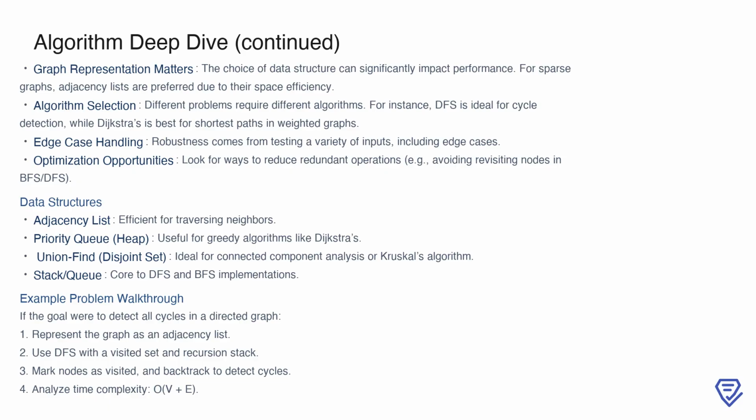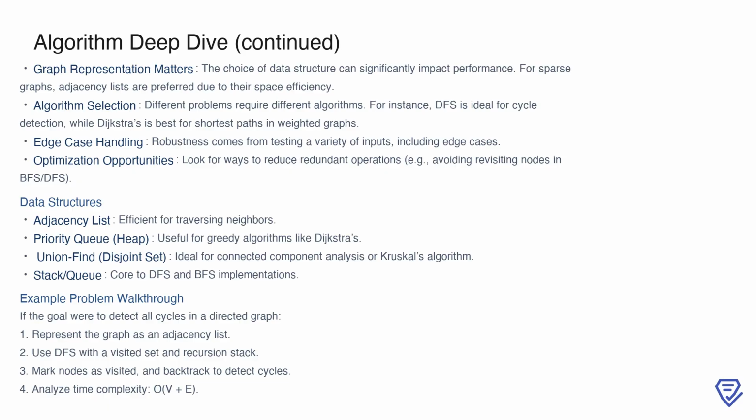For dense graphs, algorithms like Floyd-Warshall may have cubic complexity, O(V³), so their application should be carefully considered. Optimization can also include refining data structures to improve performance. For example, prioritizing adjacency lists for sparse graphs or leveraging heaps in priority queues for greedy algorithms. Minimizing redundant calculations through techniques like memoization can further enhance efficiency.